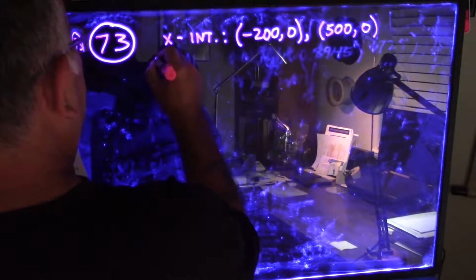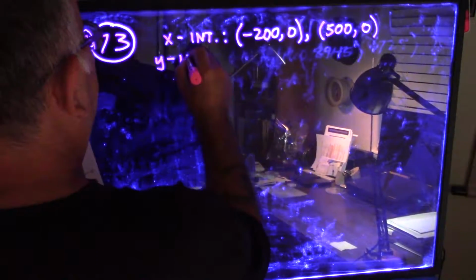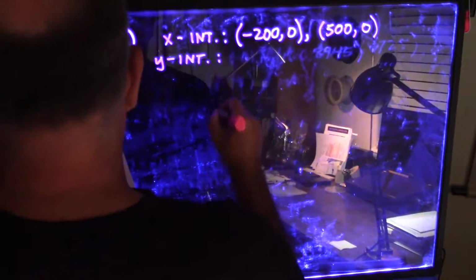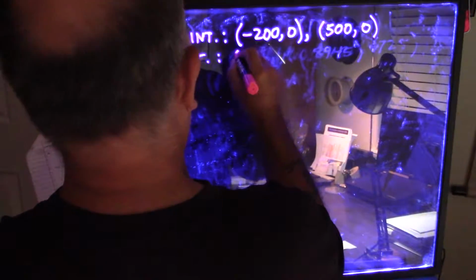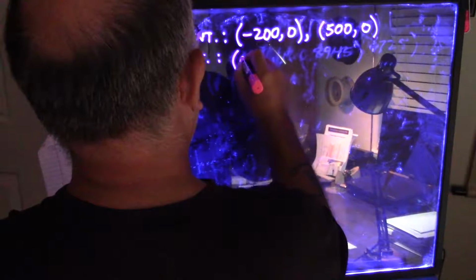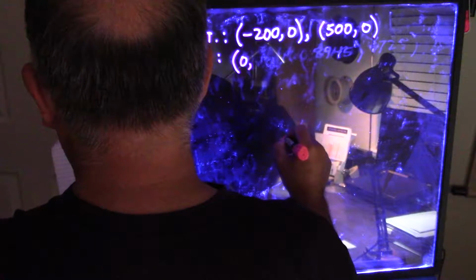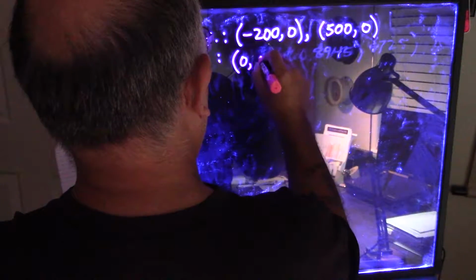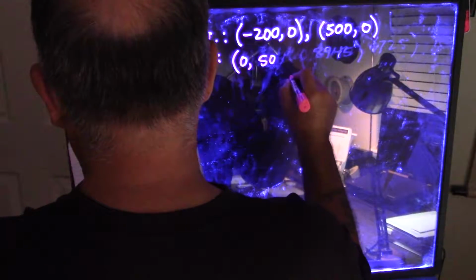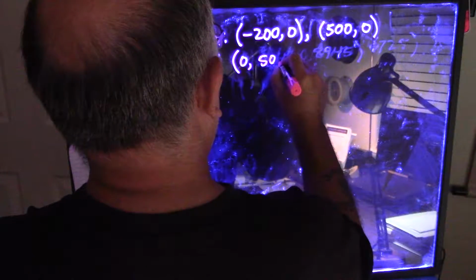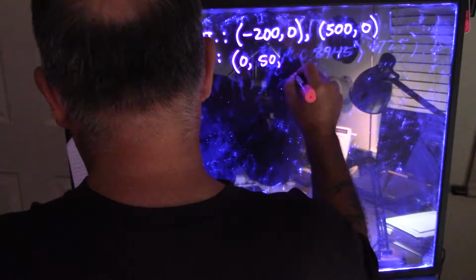There's the y-intercept, which they give us at 0, 50 million. And you'll note that the labeling on the y-axis is in scientific notation. So what we have there is 50 million.